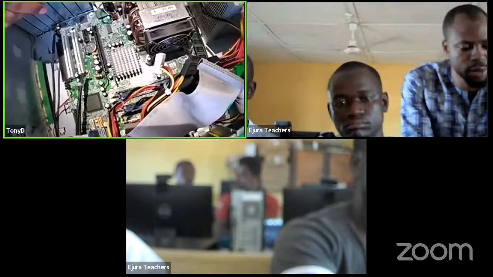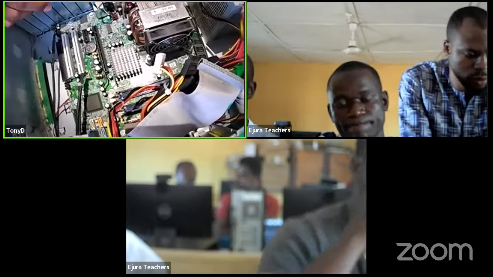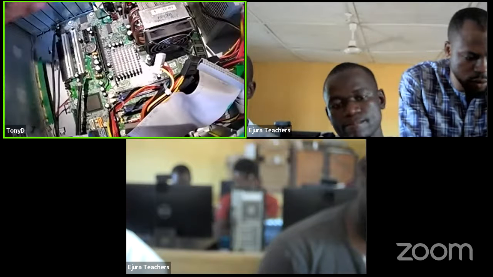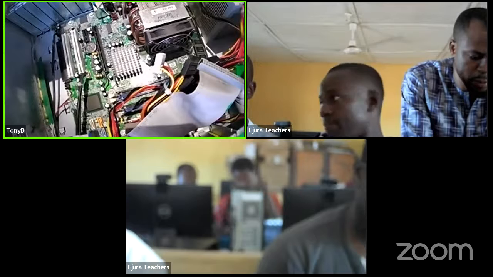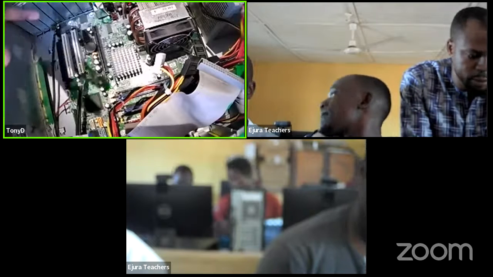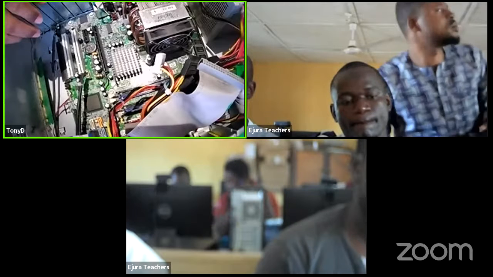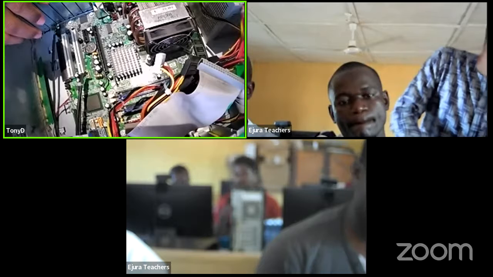Then the CPU, the central processing unit, comes in, and it controls the operations of all the parts of the computer. It is responsible for controlling the transfer of data and instructions among the units of a computer.